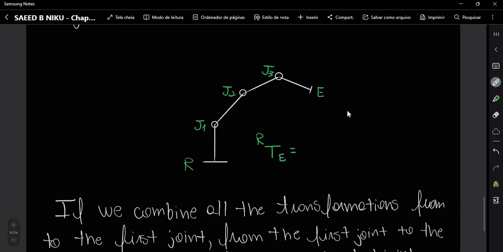So transformations are also referenced to a reference frame. As you can see right here on the joint tree, of course we can attach a reference frame, which is the moving frame.